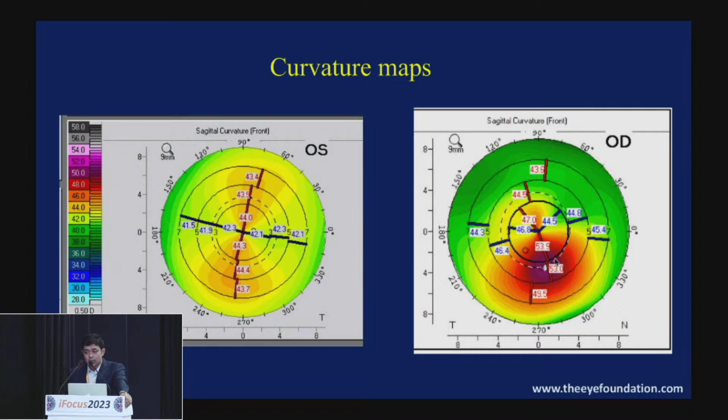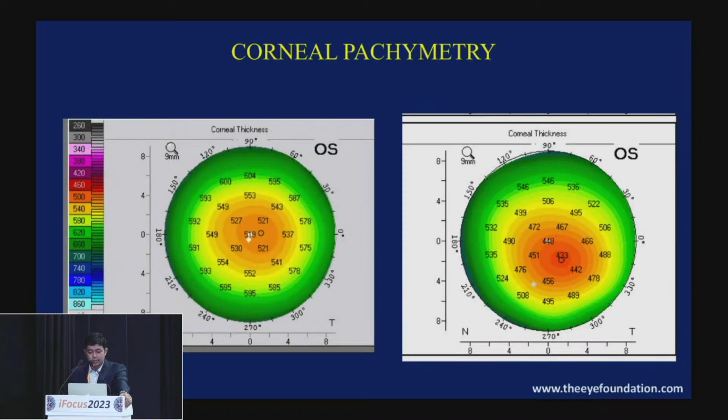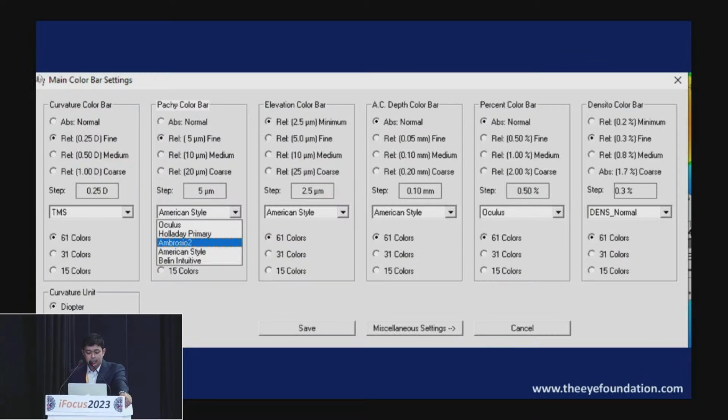So any localized steepness, localized asymmetry is what we are looking at. Pachymetry, again, just a uniformly thin cornea is not a red flag sign, but a cornea where from the central point to the thinnest point the variation is almost 30 microns, as in this particular condition, is a red flag sign.